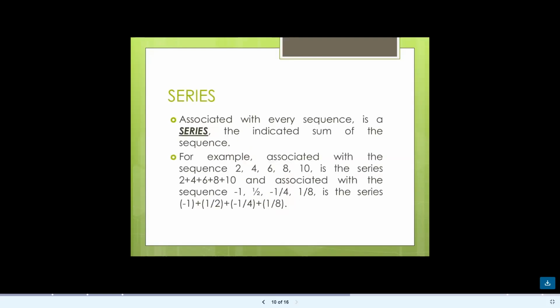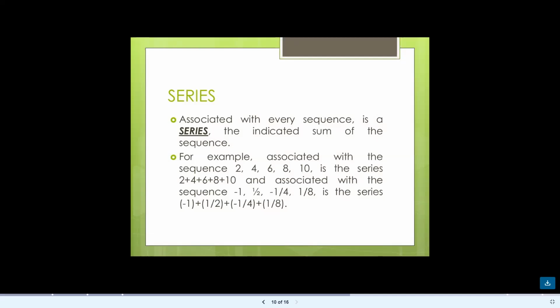So now that we're introduced to sequences, we want to know, well, what's a series? Well, a series is just the sum of a sequence, right? It's just a sum. I forgot to mention earlier that when we talk about sequences, you'll see in some textbooks they refer to them as progressions, right?